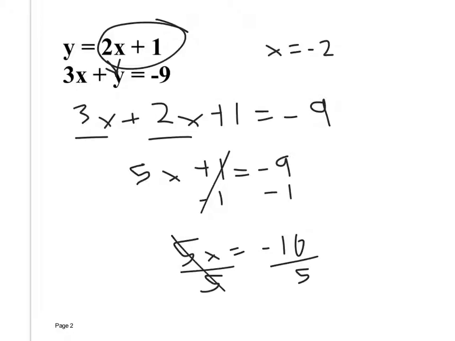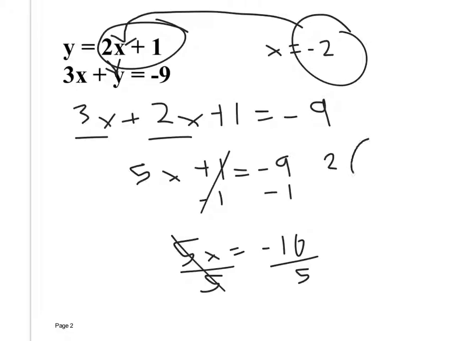So what I do is I take -2 and I substitute it into either equation. Doesn't matter if you want to go y equals 2x plus 1 or 3x plus y equals -9. Doesn't matter. You're going to get the same number. I would choose the first one because it's already solved for y, so it's a whole lot easier. So that goes right there. 2 times -2 plus 1 gives you -3, right?